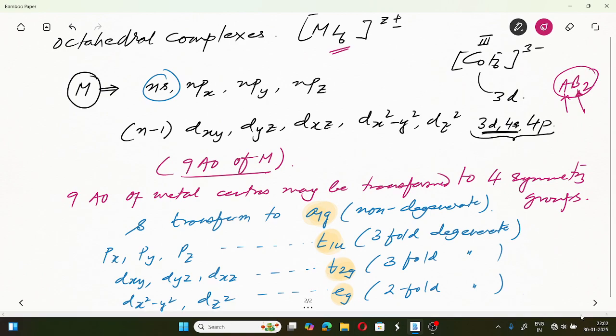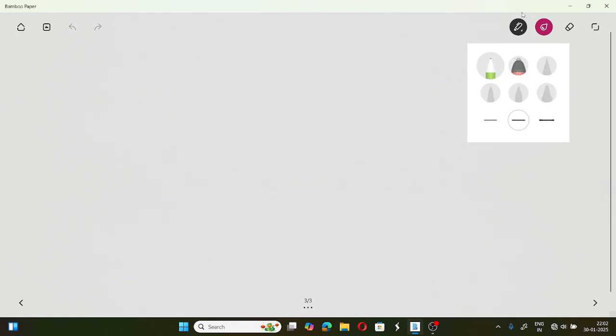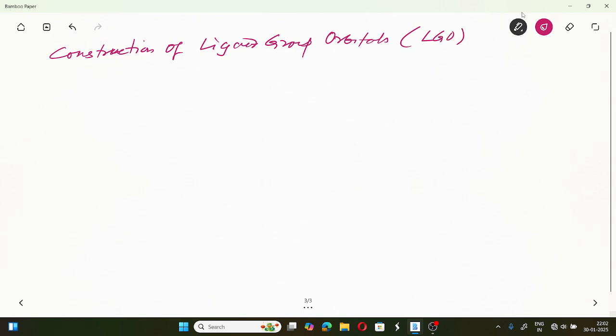Okay, so what we say is construction of ligand group orbitals. So these group orbitals we are calling ligand group orbitals, or LGO.